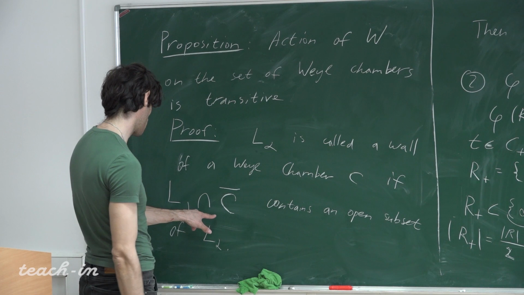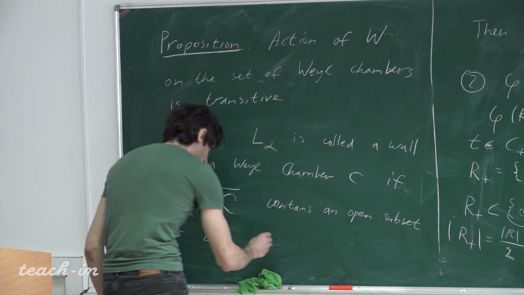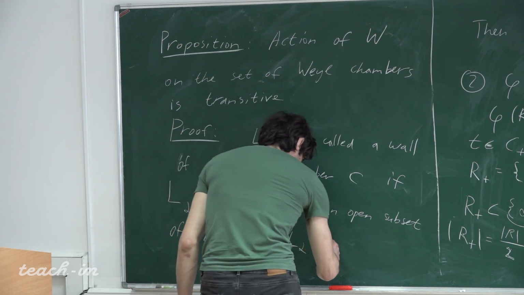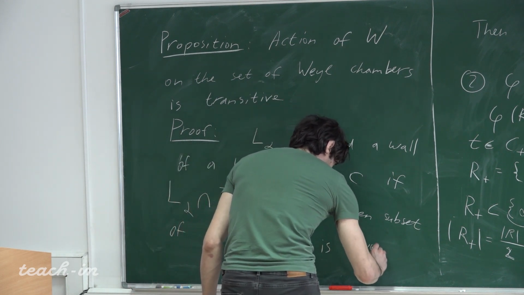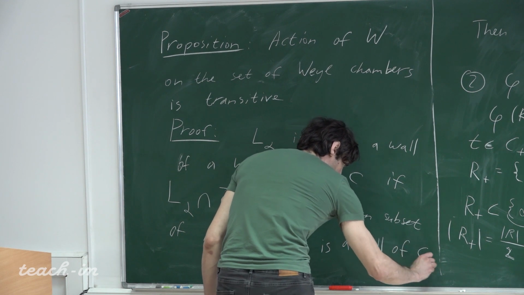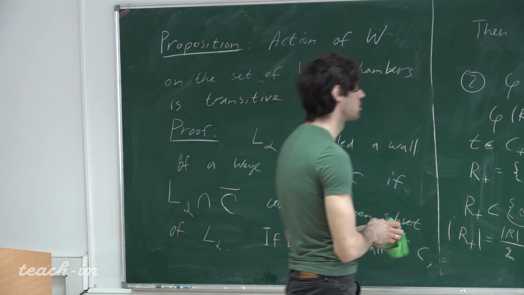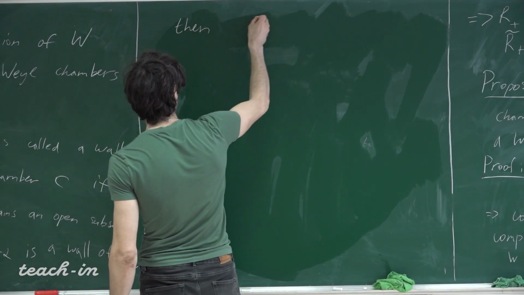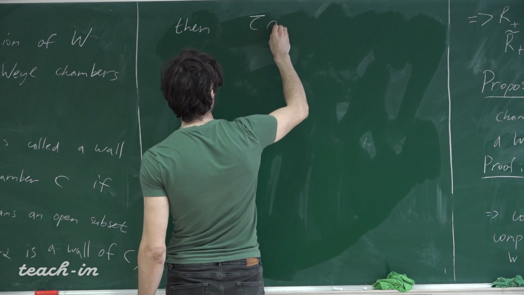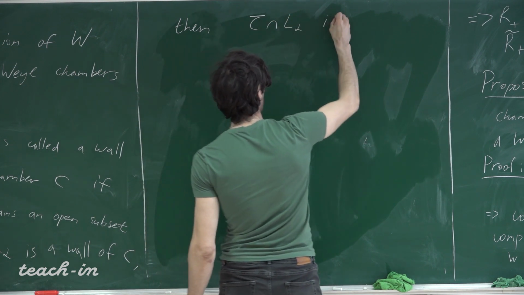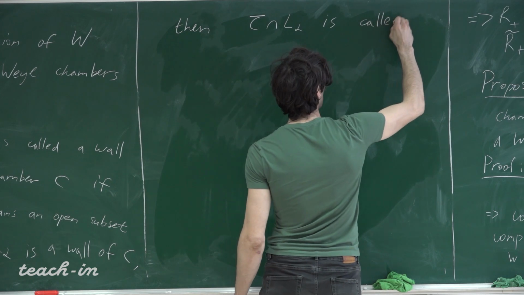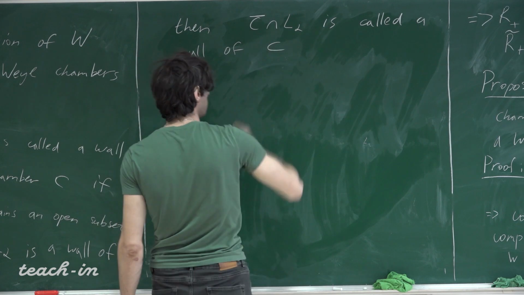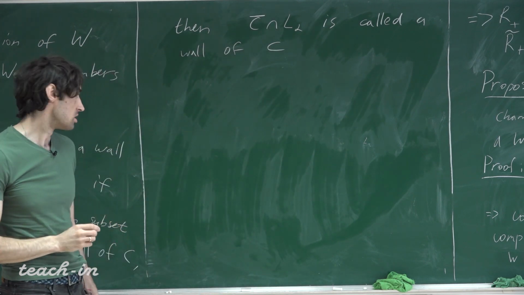So if L alpha is a wall of C, then this intersection, the closure of C intersect L alpha, is called a face of C.